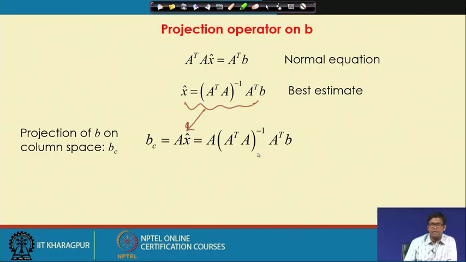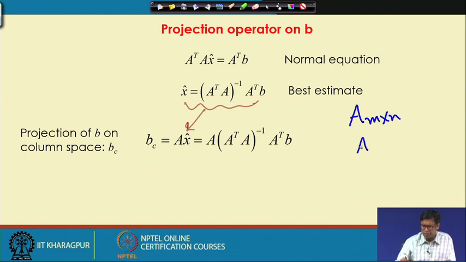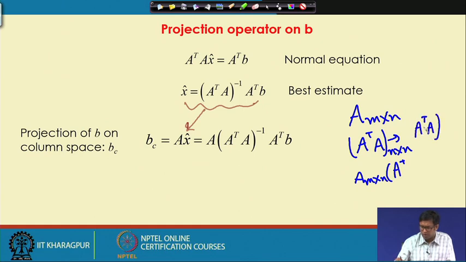Now, what is this? Say A is of order m into n. So A transpose A is of order n into m times m into n, that is n into n, and (A transpose A) inverse will have the same order.